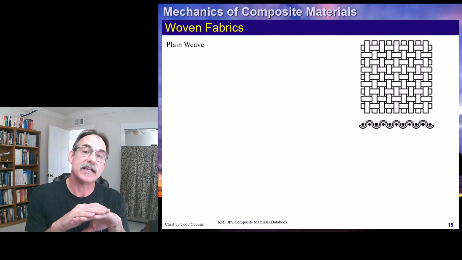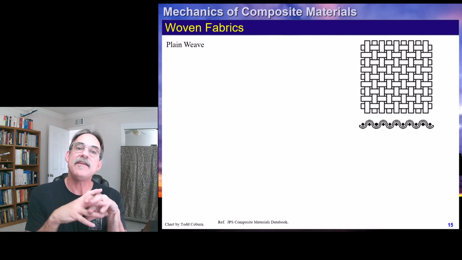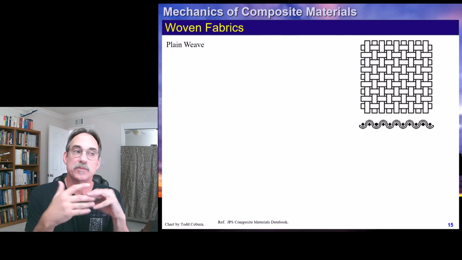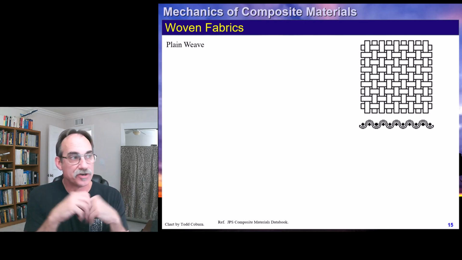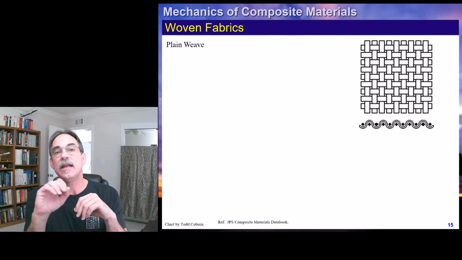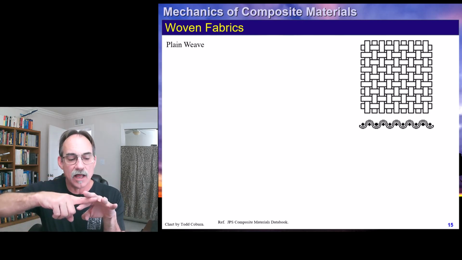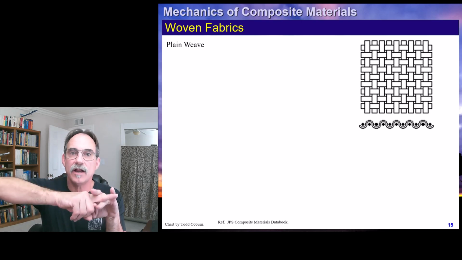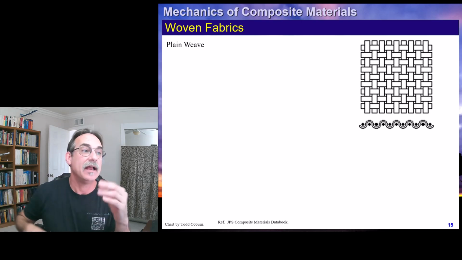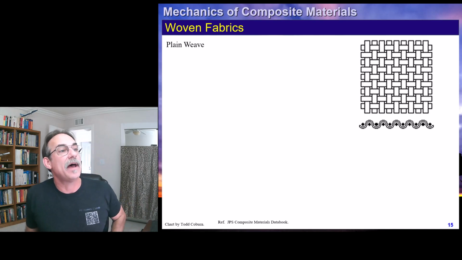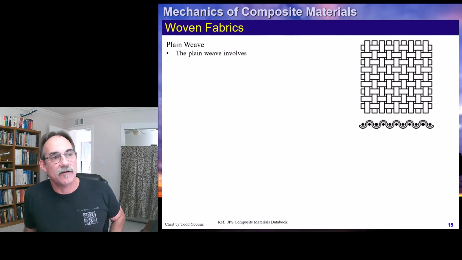So we have various scenarios for weaving those fibers together so they act as one. And that's where woven fabrics come in, just like the weave on your shirt. The simplest one is a plain weave, where every fiber goes over one, under one, over one, under one, and the same thing in the other direction. As you can see here, we can show the pattern like this, or we can show the pattern like this, which shows that each fiber is going over and then under each adjacent fiber.